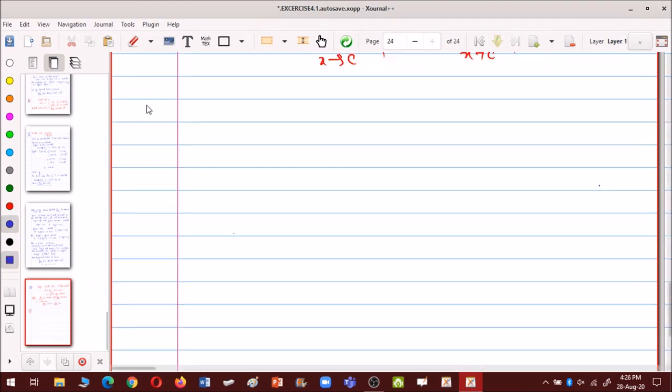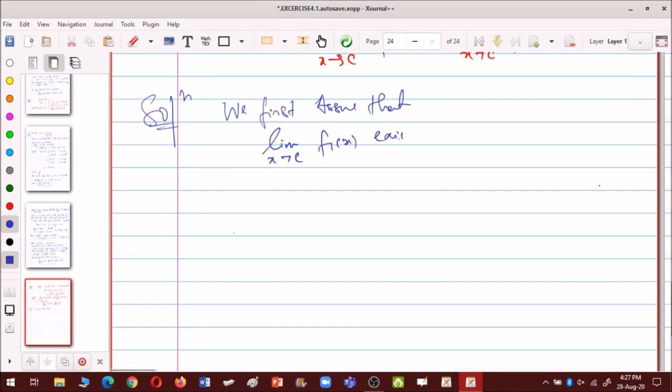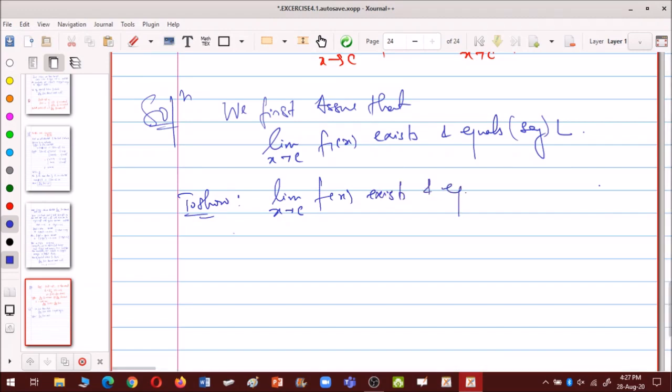So the solution: we first assume that limit x tends to C f1(x) exists and equals, say, L. So we are assuming this to show limit f(x) exists and equals L. So let epsilon greater than 0 be any real number.